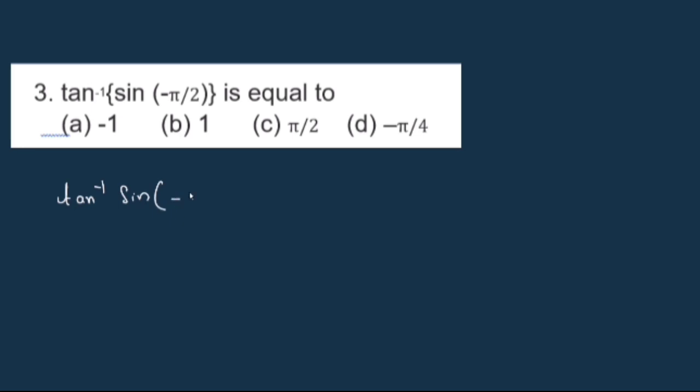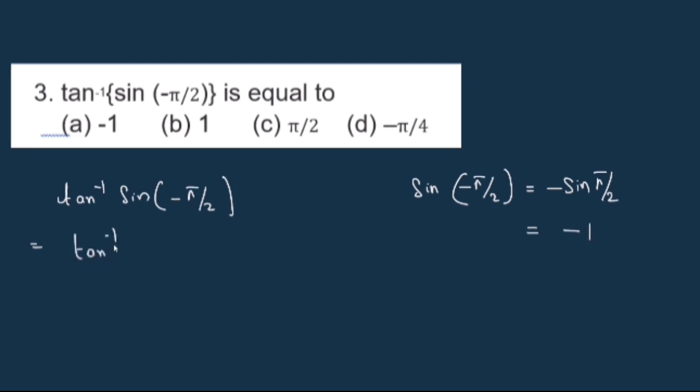Third one, tan inverse of sine minus pi by 2. Sine of minus pi by 2 is minus sine pi by 2, and minus sine pi by 2 is minus 1. So this is nothing but tan inverse of minus 1.